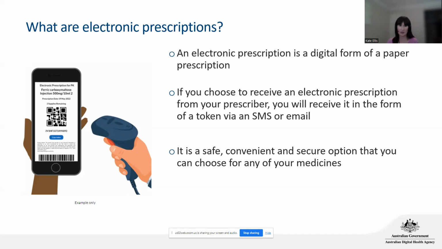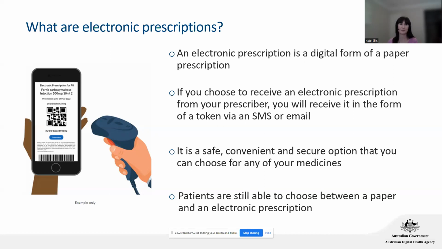If anyone else tries to scan it, it'll come up with nothing. There's actually nothing they can do with it. It's literally only the pharmacies that are approved to dispense electronic prescriptions through their software that are able to unlock that prescription. And the great thing is that about 98% of community pharmacies across Australia right now have the software and are all enabled for electronic prescriptions.